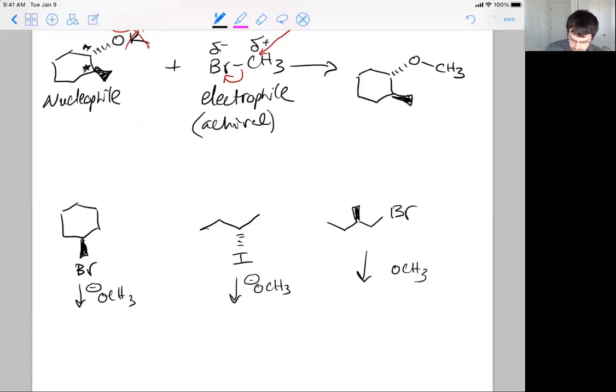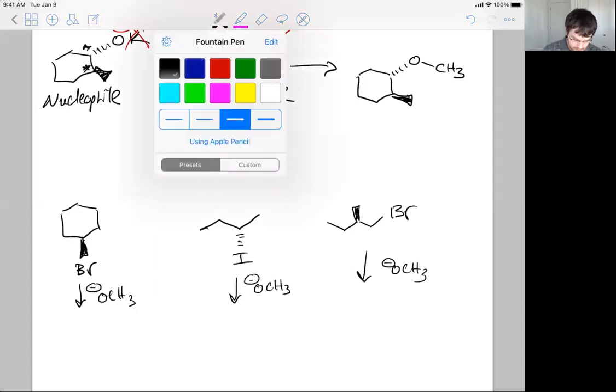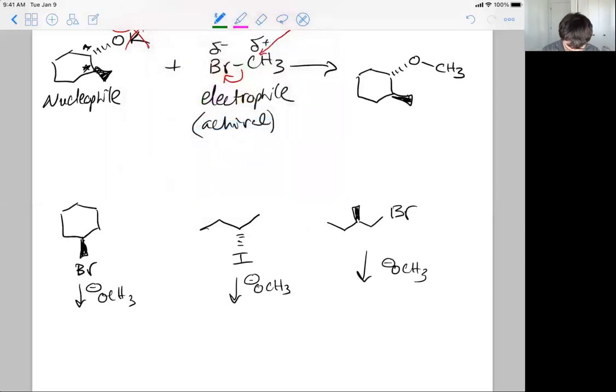We have wedges and dashes in these various molecules. The first thing I want to recognize about the first example is that the molecule is actually achiral. It has a plane of symmetry. So because we're achiral, inversion of configuration doesn't happen because there is no absolute configuration.